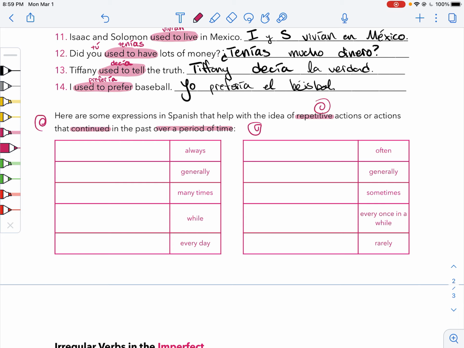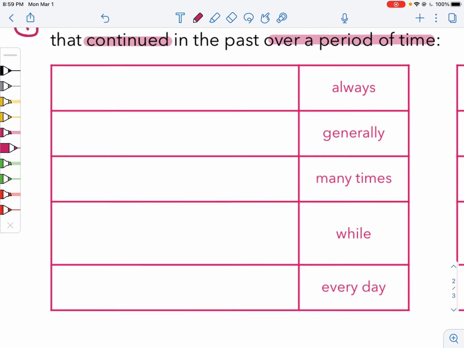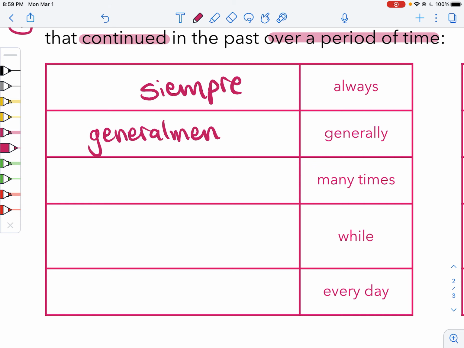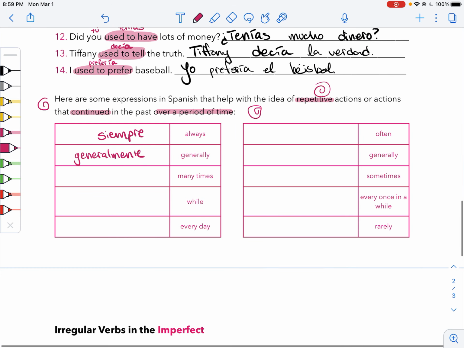Okay. Those are spirals, by the way. Like that. Okay. So you already know always is siempre. Generally is generalmente. Or you could also say normalmente. I guess we should have translated that as normally. But whatever. Many times is muchas veces.